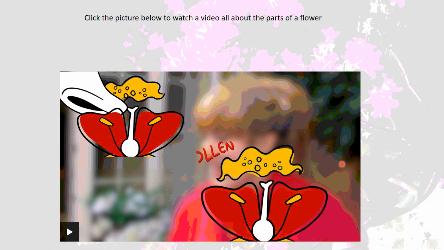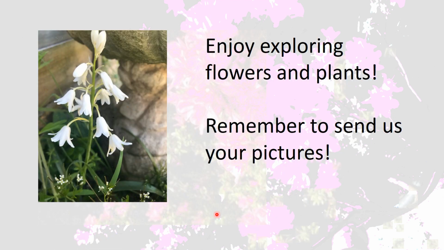On the PowerPoint that I will upload onto the shared Google Drive, there is a fabulous video that you can click on and have a good look at. It's a really amusing video with a little song in there as well to help you remember about the parts of a flower. So I really hope that you enjoy exploring different flowers and plants, and give yourself a challenge.